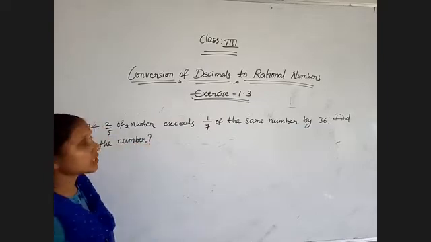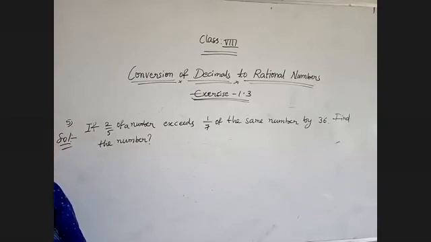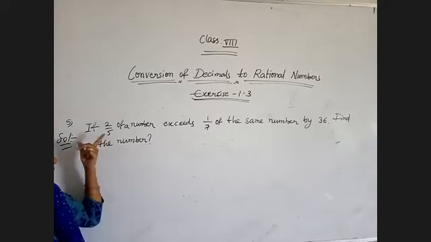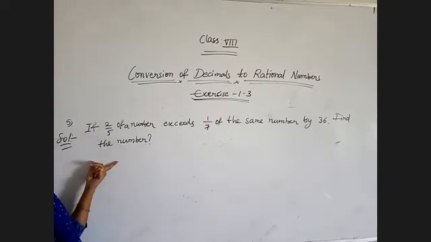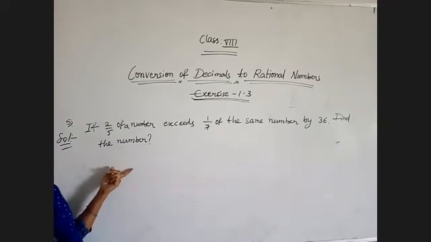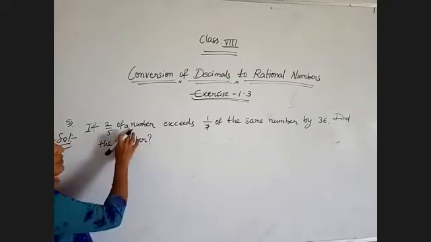So observe the question. 2/5 of the number exceeds 1/7 of the same number by 36. We have to find the number. So it is like an algebraic expression. Let the required number be x. Then form the expression for the given statement.